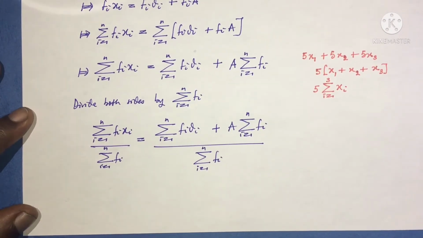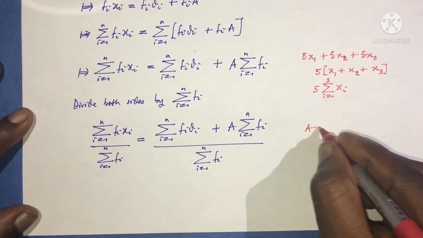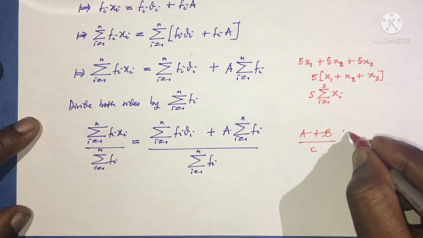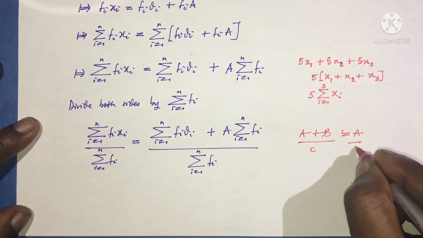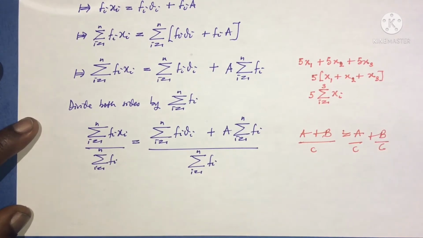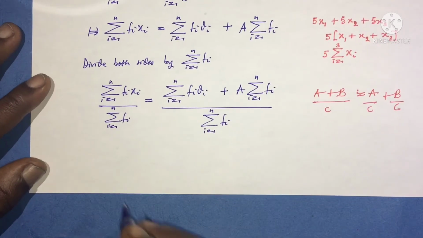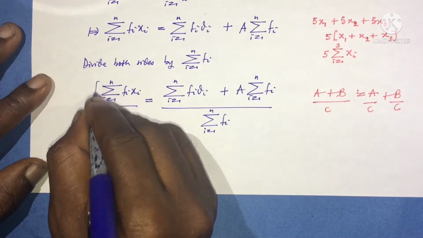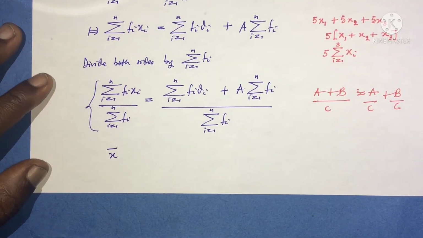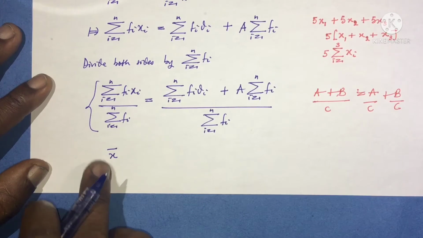Now, by that same rule of algebra, that a plus b all over c equals a over c plus b over c, we are going to have this. Take note, everything here defines the arithmetic mean for a case with frequency. So that is x bar, okay?